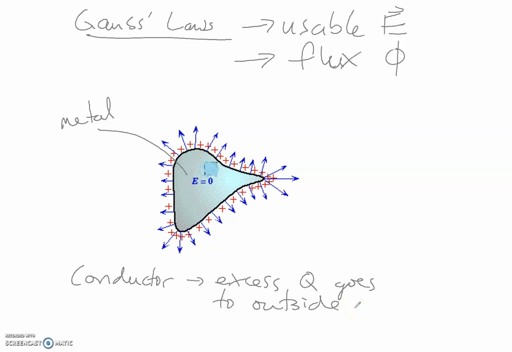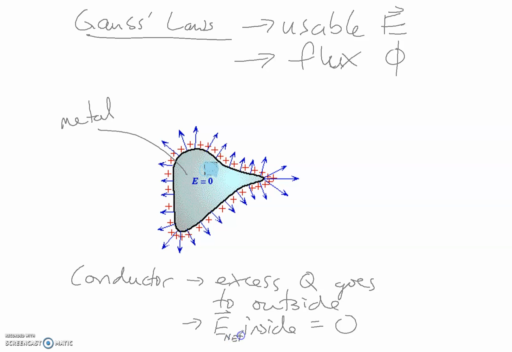Okay, so if this is a piece of metal conductor and you put a bunch of positives on it, the positive charge would all go towards the outside because of course they're repelling from each other, and they would go as far away as they possibly can from each other, and they'd all go to the outside. And not only that, because of this, the electric field inside is equal to 0. All the electric fields inside of here would actually cancel out. So there's no electric field or no net electric field.